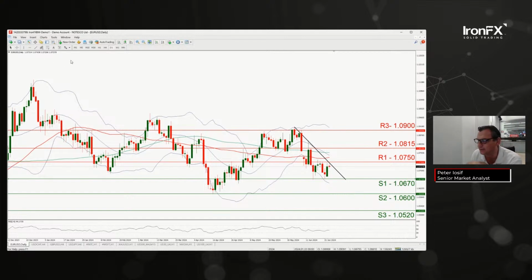And I'm going to be highlighting here, allow me to insert a couple of shapes. Let's add an ellipse.